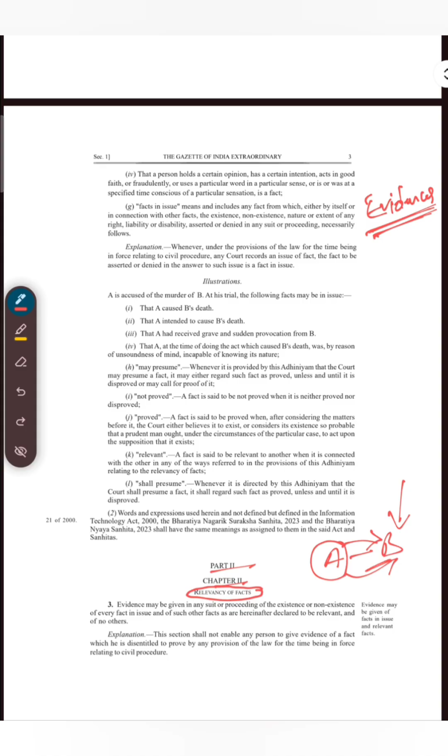Then how, if the fact is proved, will it assist the court, will it direct the court that B is liable? In that case, A has to show that this fact which he is trying to prove through evidence is actually a relevant fact, relevant under chapter 2.